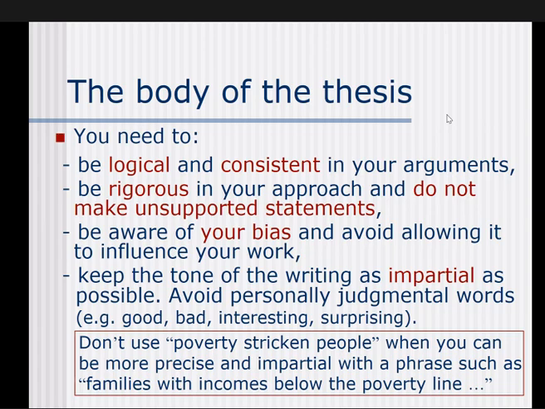For example, avoid words like, these results are good, or the results are bad, or the results are interesting, or this finding is surprising. There you are making personal judgments, and we need to avoid those.